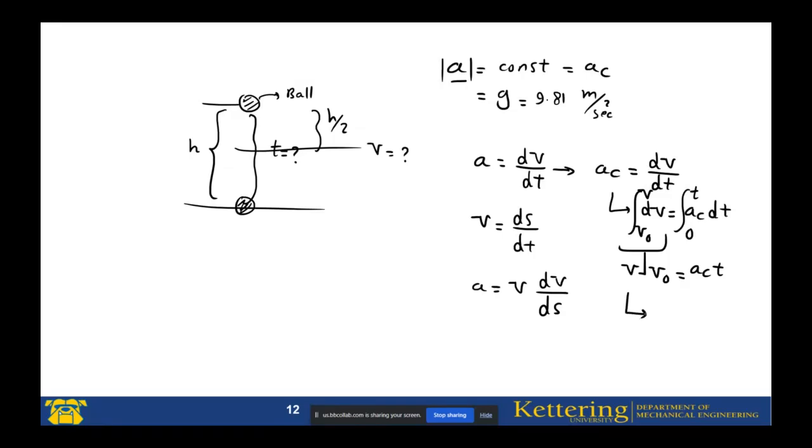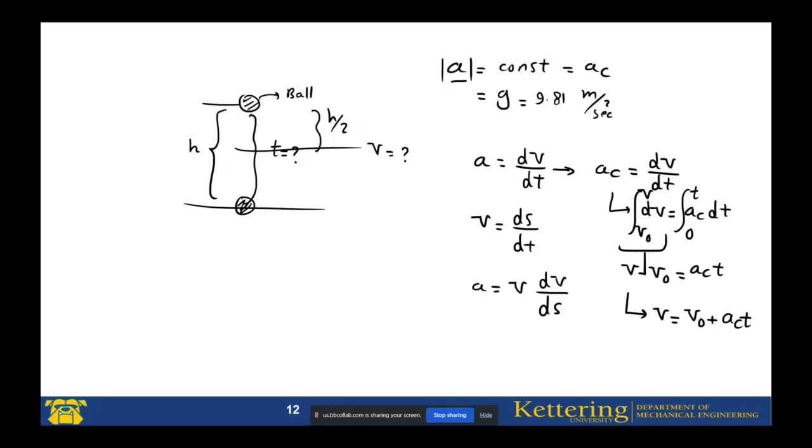Means that velocity will be v0 plus AC multiplied by time. This is only one equation. For the other ones we can also find them. But for example, to find the velocity at this point, say it takes 1 second from here to the middle of this height. And the initial velocity, because I dropped this ball, is 0.